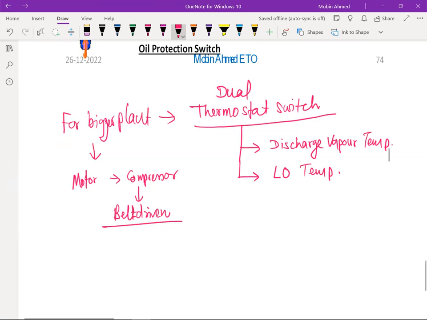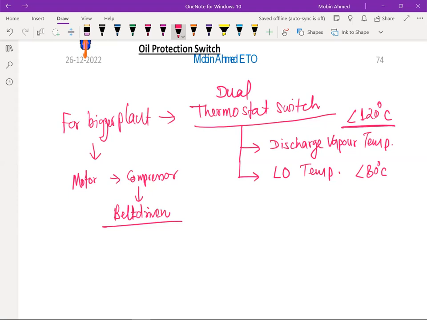Now, when the temperature is more than 80 for the lube oil, if it is more than 80 degrees centigrade, this is going to operate, and for the vapor it is going to be more than 120 degrees centigrade.